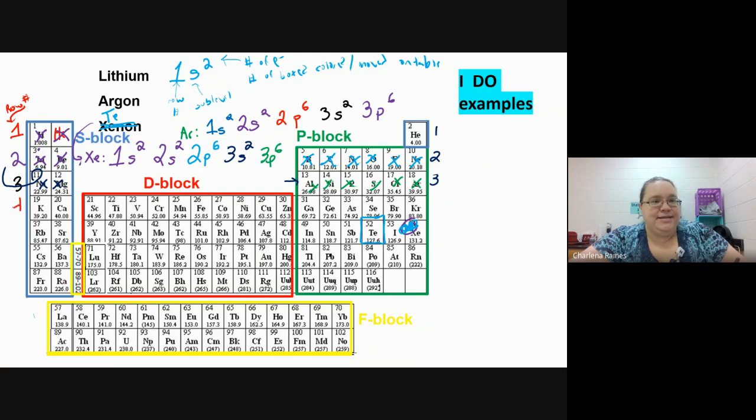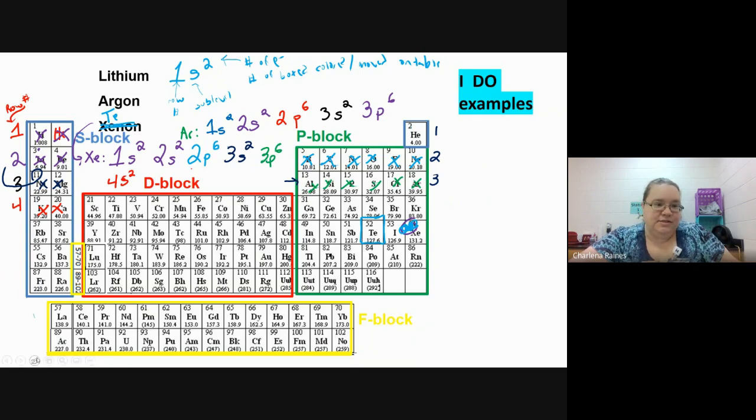So element 19 is in the fourth period. So fourth period S block. And if I look, there are 2 elements in that part of the table, so 4s2.